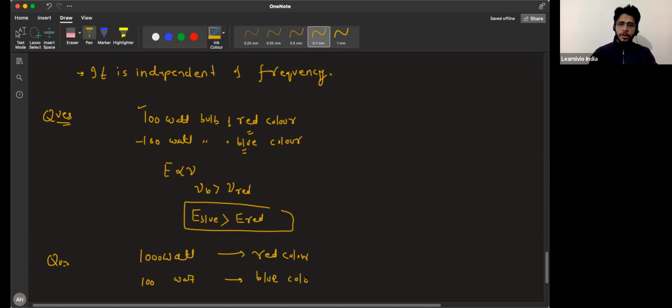Energies will remain same or it will change? If I change the power of the bulb, then the energy of photons coming from the bulb will change or remain same? Good. Energy will remain same.